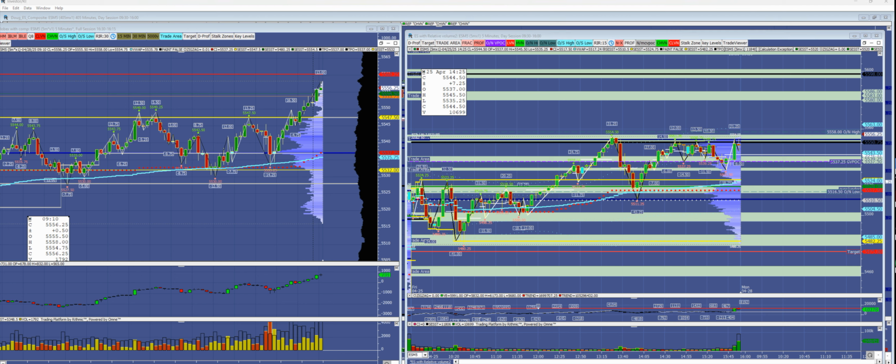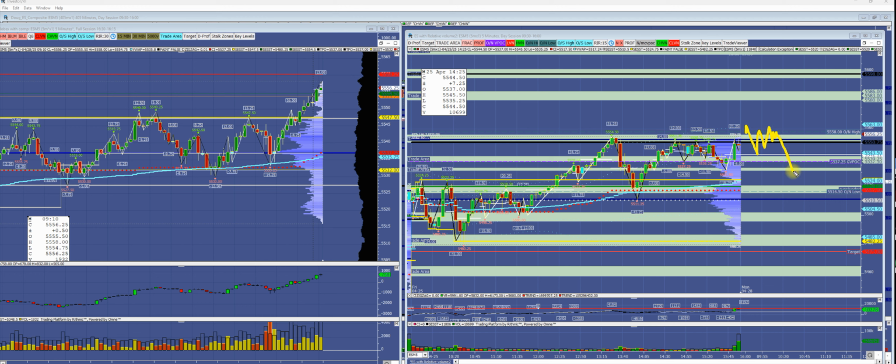Anyway, my main hypo is an open auction outer range. Now, because we're out of range, we have to be looking for an open rejection reverse or an open test drive. So I'm looking for an open auction just outer range or open auction in range, depending on where we open. I'm looking for a wide opening swing.